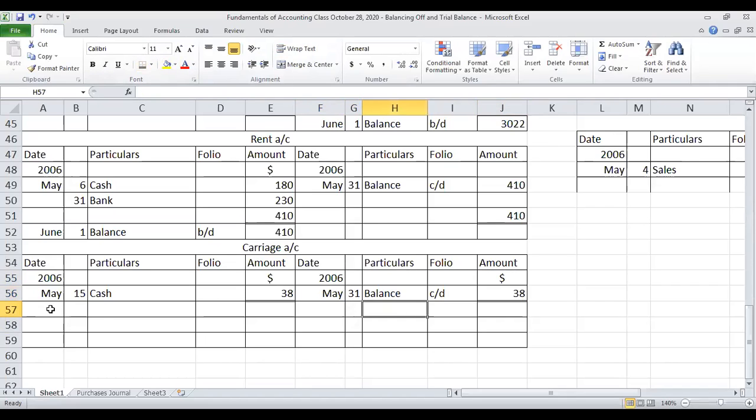And then now you're going to bring your balance forward to the upcoming month, which is June 1. June comes after May. June 1, balance BD.